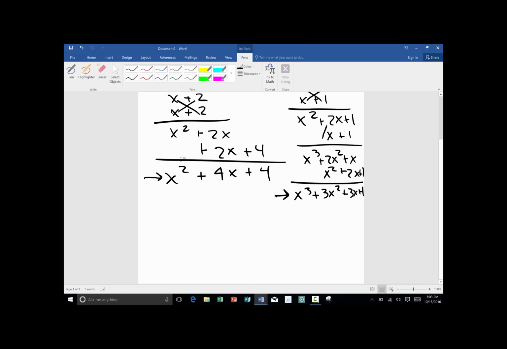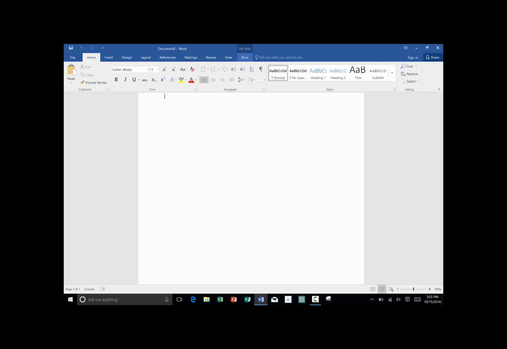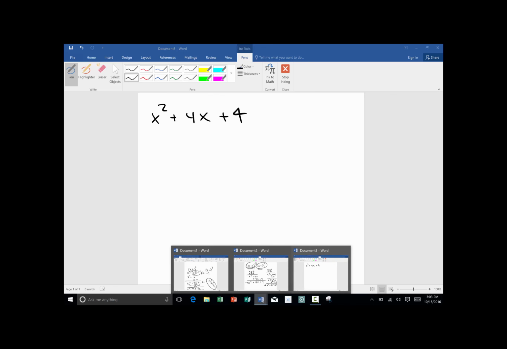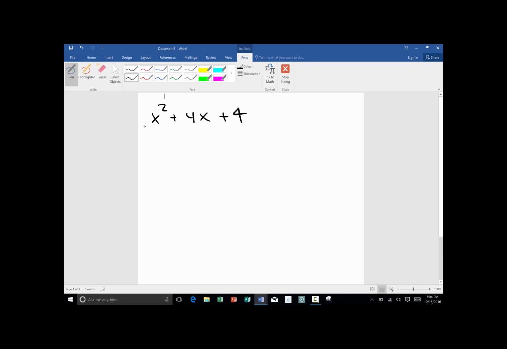We had x squared plus 4x plus 4. And then on the other one, we had x cubed plus 3x squared plus 3x plus 1. Dang it, this thing keeps doing that.